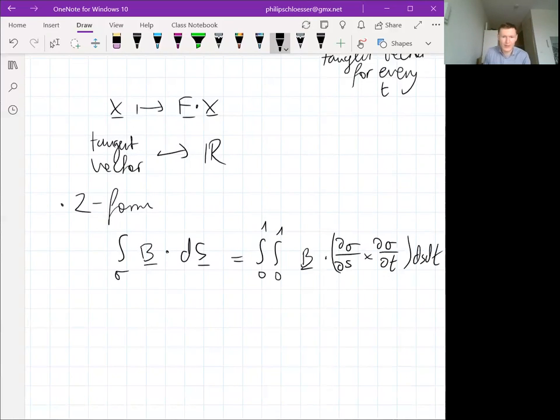And we can again see that this is a tangent vector, this is a tangent vector. So we're dealing with a map that maps x and y to b times x cross y.